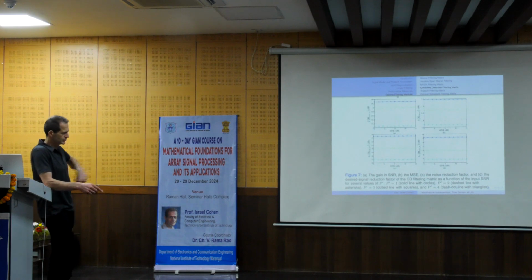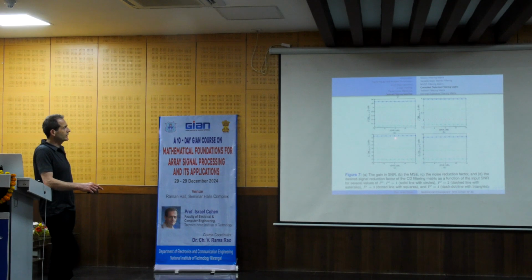First I want to describe what we get with the controlled distortion for the same example that we showed before for the variable span. With the variable span we changed Q. With the controlled distortion we change P prime. So P prime can be 1, 2, 3, or 4.